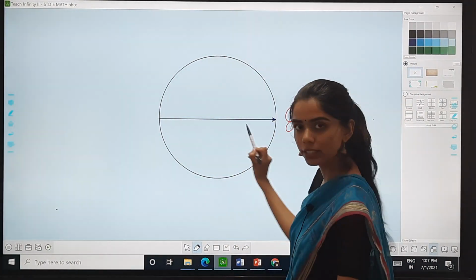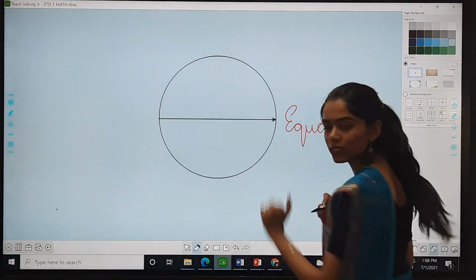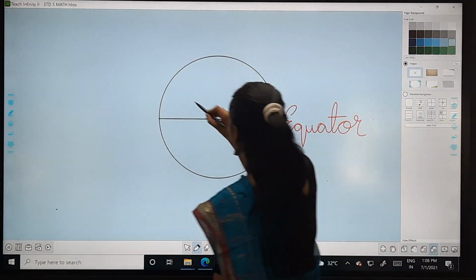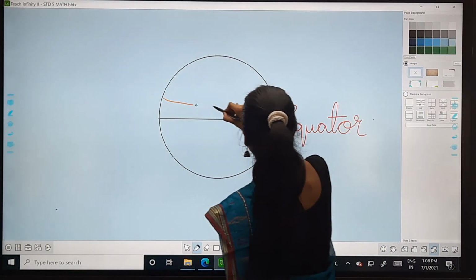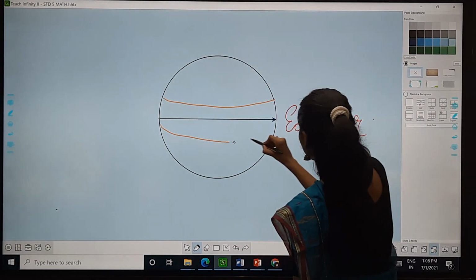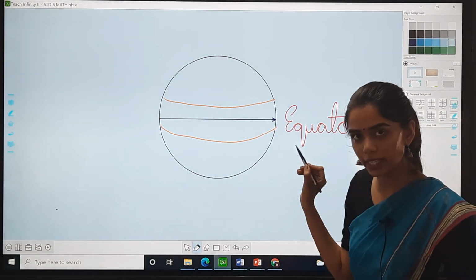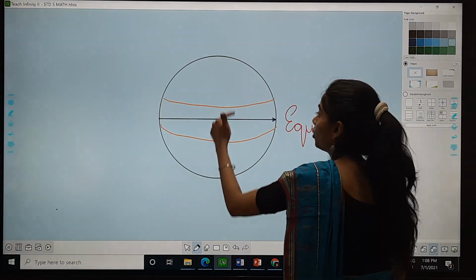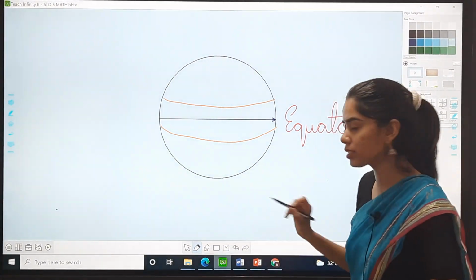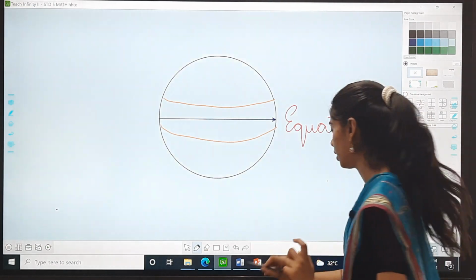ये हमारा equator है. Equator से जो भी lines parallel होंगी, they will be on both the sides, right? So, I'll draw this line. ठीक है? So, in this way, there are many lines and you can see they are parallel to the equator. ये हमारा equator है and ये जो lines हैं ये parallel हैं.